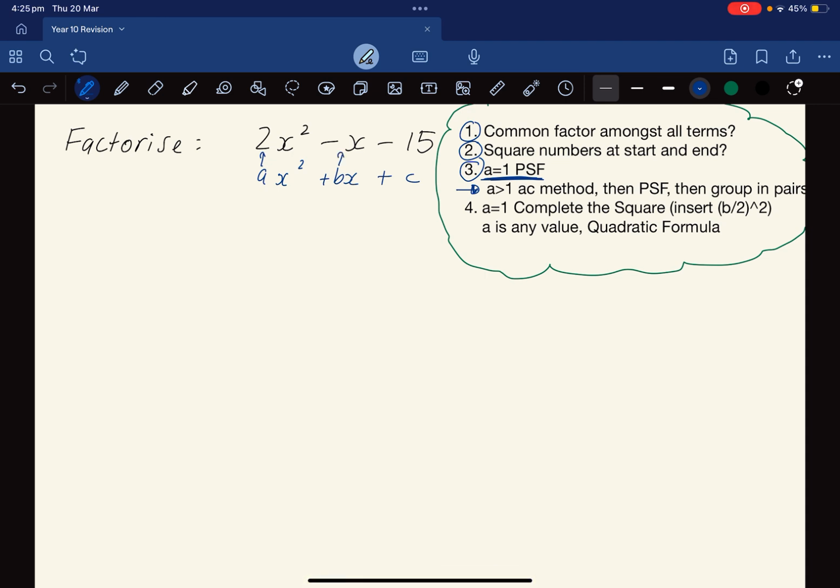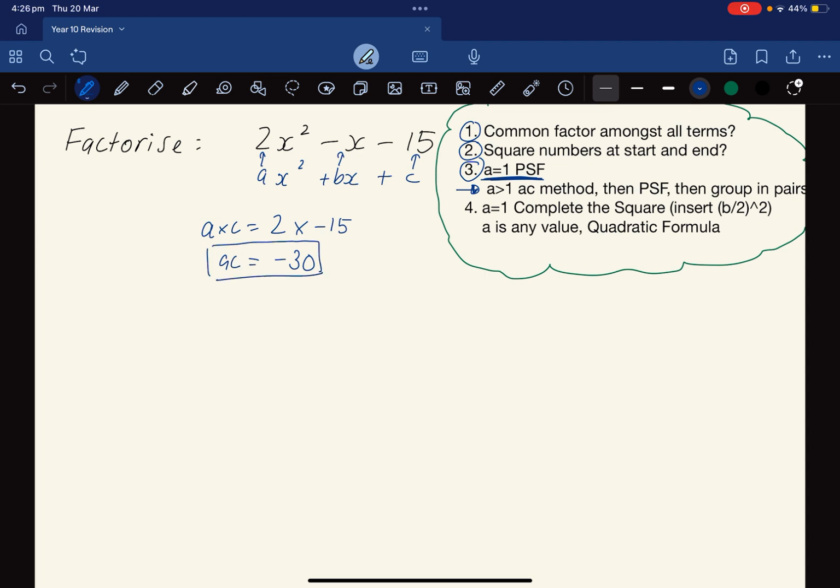How it works is, because it's the AC method, you have to do A times C. So A is 2, as we've just seen, and C is -15. So that's -30 is our AC.